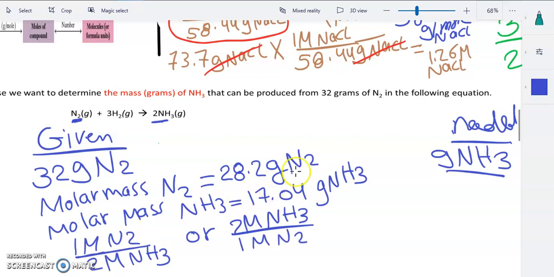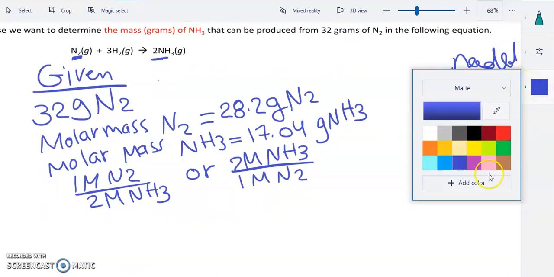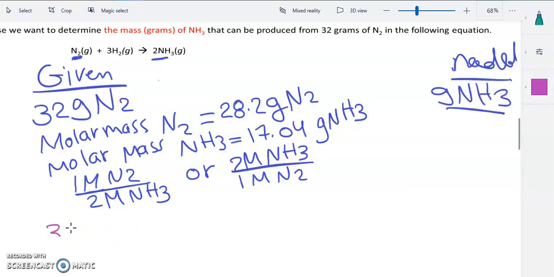Now we extracted most of what we will need, so I think it's time to actually set up our equation. To set up our equation, we will start with 32 grams N2. Now we need to get rid of grams N2.